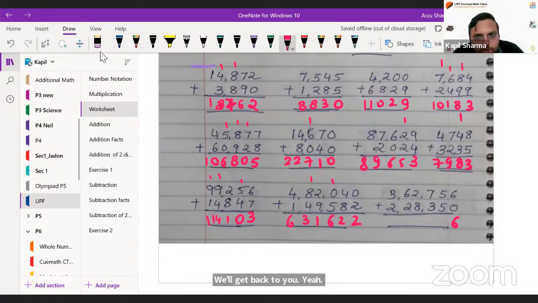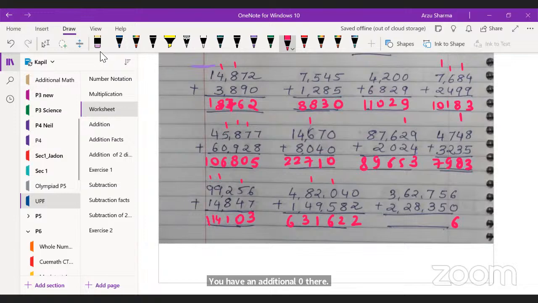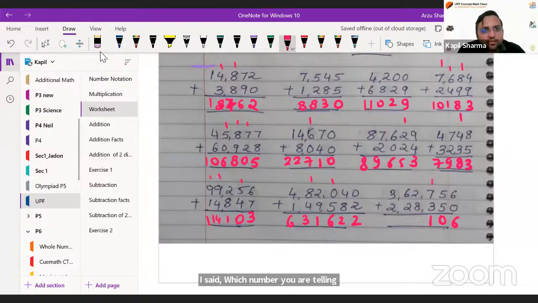Okay, Gauravi, you have an additional 0 there. Correct that. Yes, sir. Sir, which number are you telling? Last one or second last?